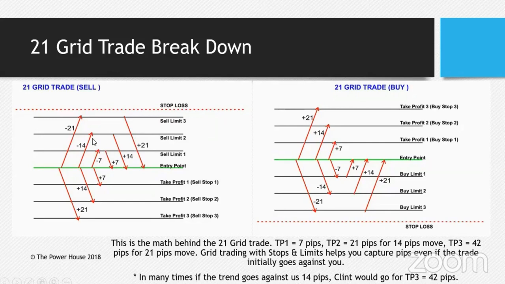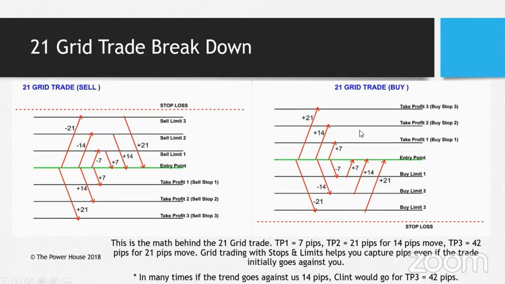That means it would be 21 pips negative, but by the time it comes back to break even with our original entry, we already would have 14 pips with our third entry. The second entry would have 7 pips positive, and the original entry would be at break even. So that would be 14 plus 7, that's 21 pips in profit.